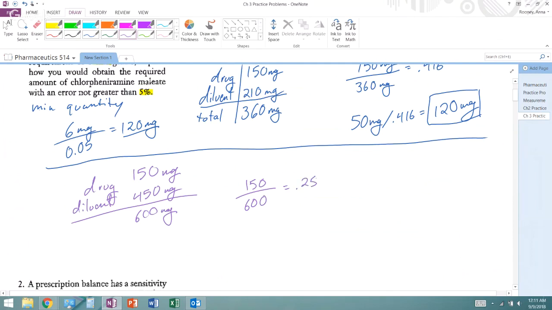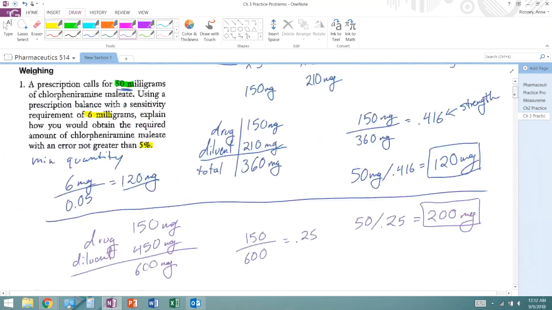So it's a much weaker aliquot than ours. So take the amount that you need, divide it by the strength, and then you find it's 200 milligrams that you have to weigh out to find the amount. So if you were doing it this way in the lab, you would be wasting about 80 milligrams of material. So one of the reasons why you should probably do it this way.